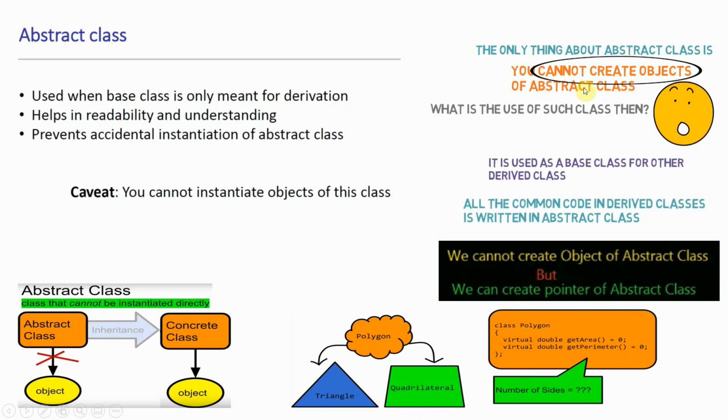You cannot create objects of the abstract class. You cannot instantiate objects of this class. It is used when the base class is only meant for inheritance, for derivation. It helps in readability and understanding the code, and prevents accidental instantiation of an abstract class.